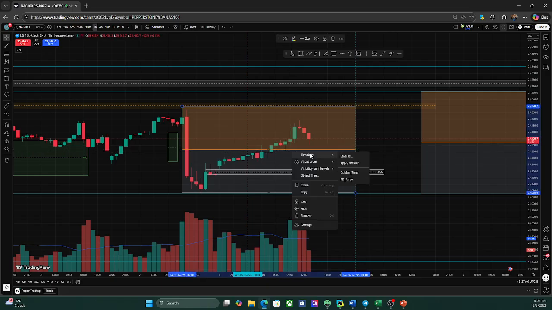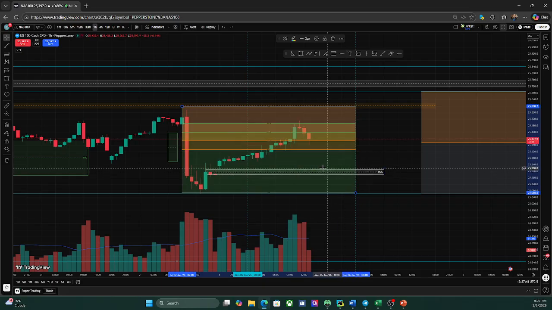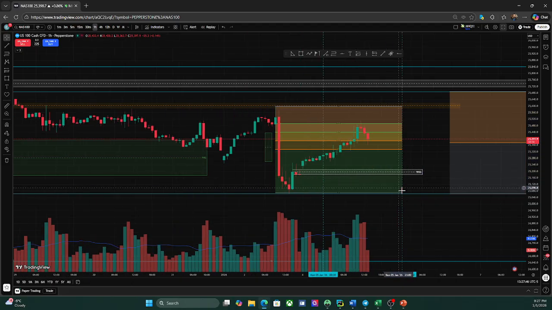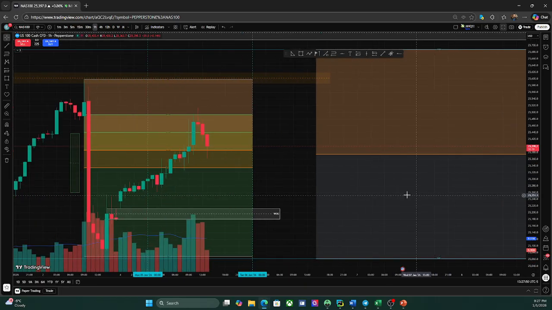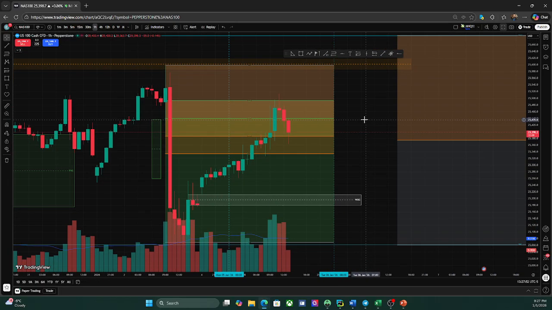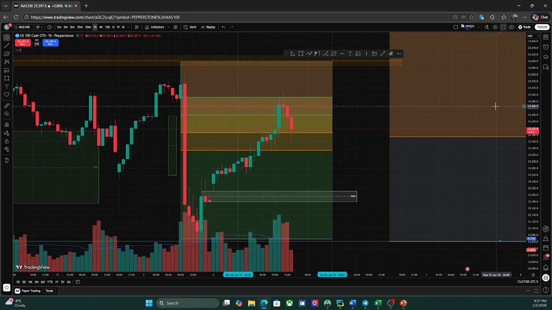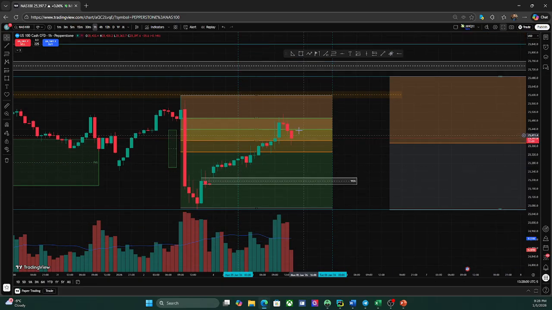Let's observe at which level it drops down. And you see, it drops down at a pretty nice level, right? And after a powerful downtrend, right? So it's a pretty nice level now to go down and take this opportunity zone, right?